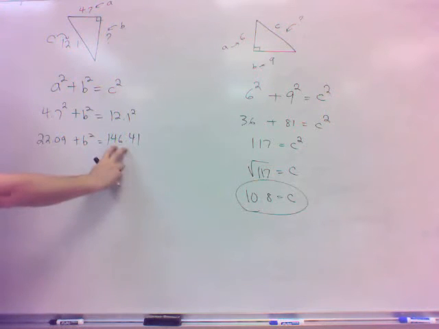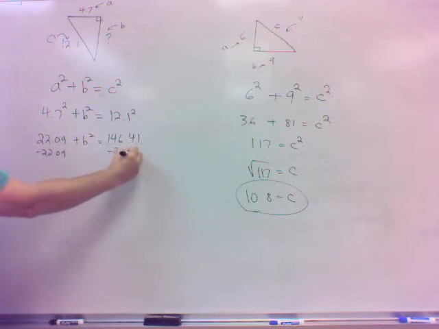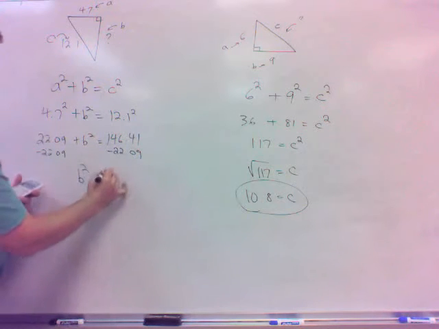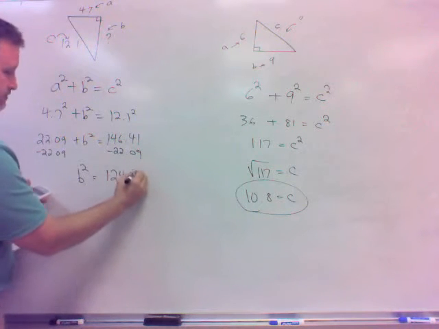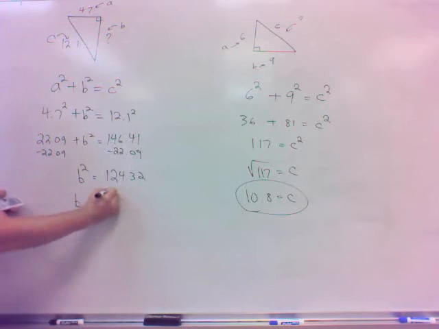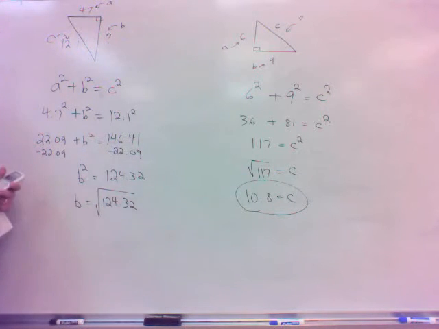Well, am I not going to have to move that one over, subtract 22.09? And so that'll be b squared is, whatever that is, 124.32. Subtract those two. So what would b be? Well, b would be the square root of 124.32.